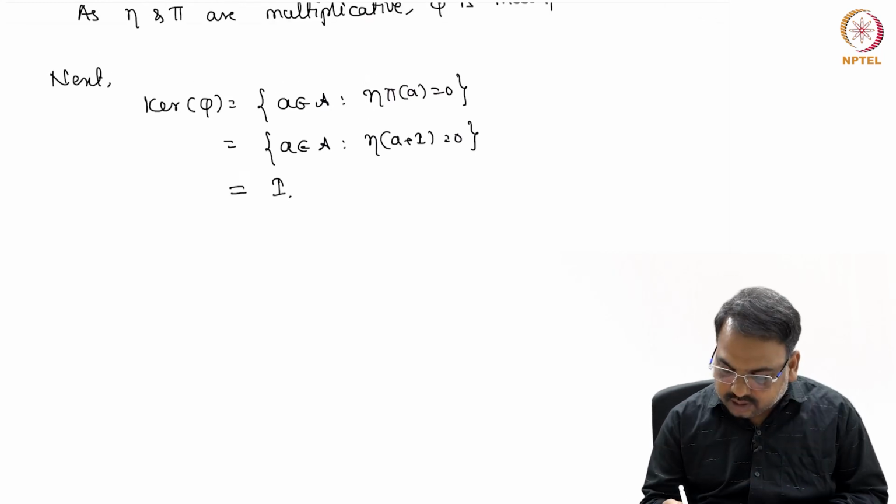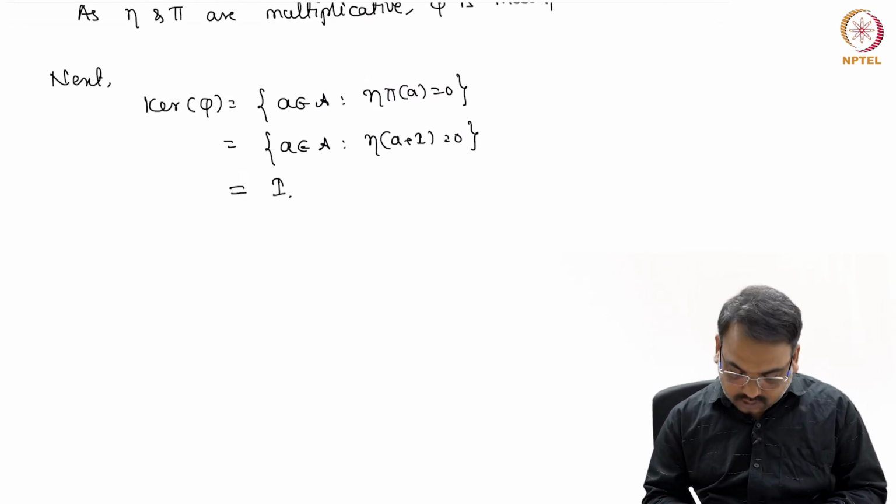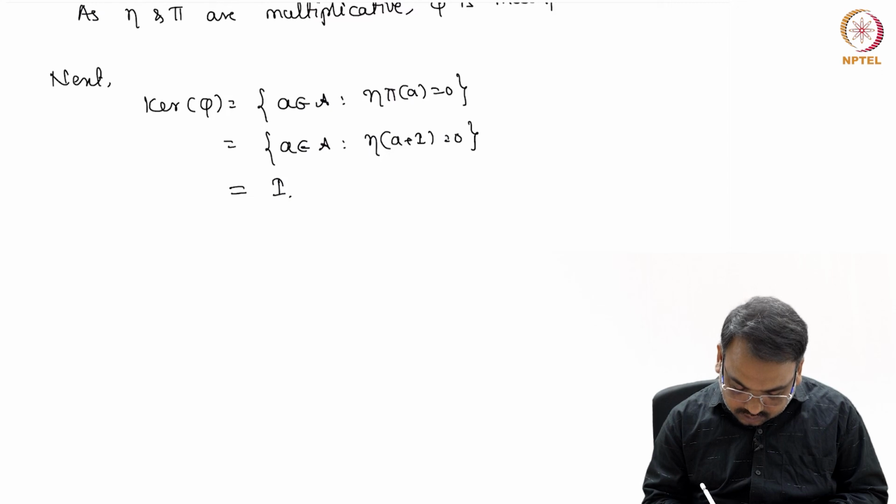So let me summarize what we have done so far. We have shown that if phi is multiplicative, then kernel phi is a maximal ideal.